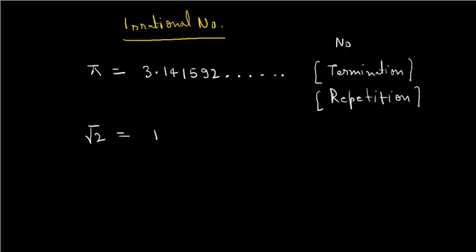Root 2 is 1.414213, and I have written just a few digits, and after that again it has a similar property. So there is no termination, no repetition, and they cannot be represented in the form p by q. This is the property of irrational numbers.